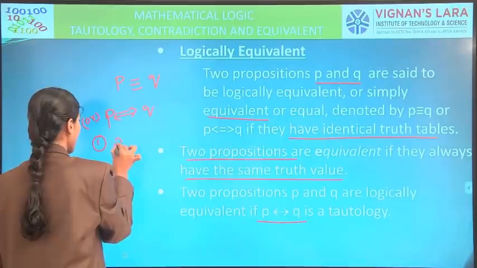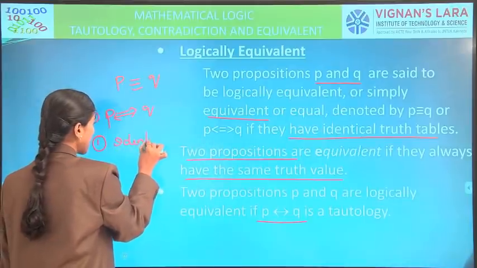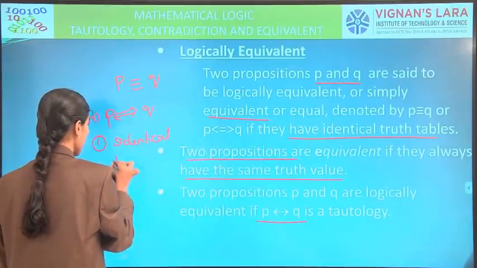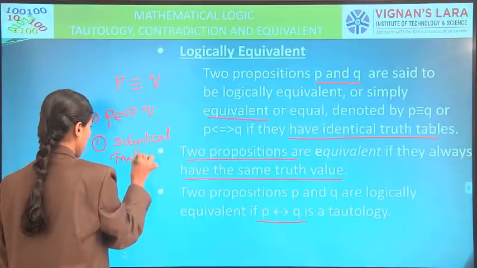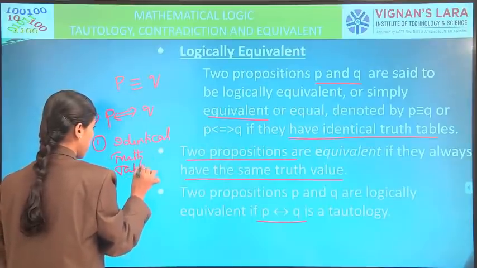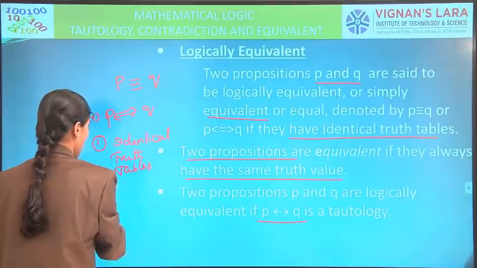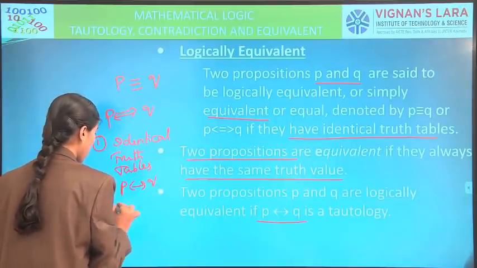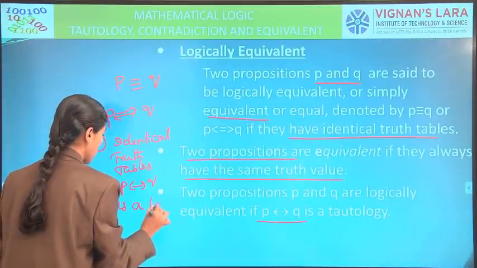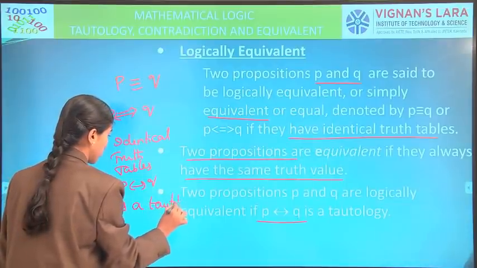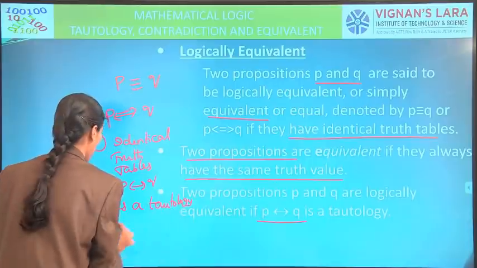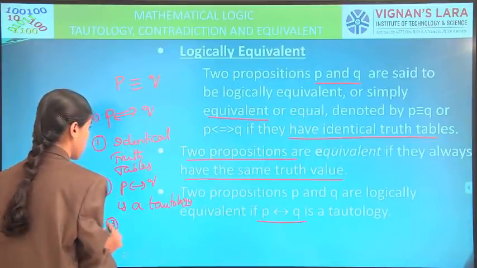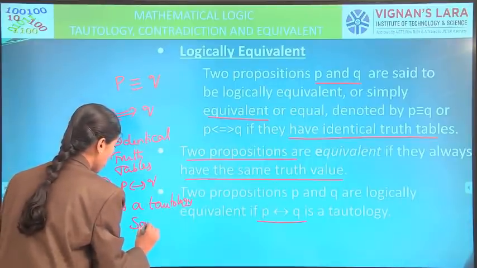First one, either identical truth tables. Next one, P biconditional Q is a tautology. Third one is same truth value.